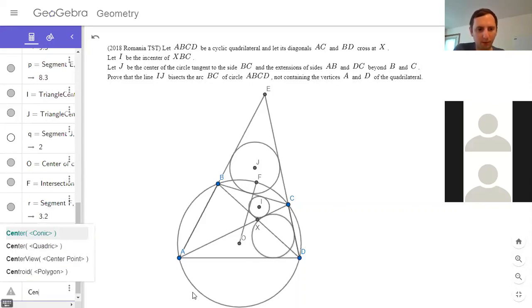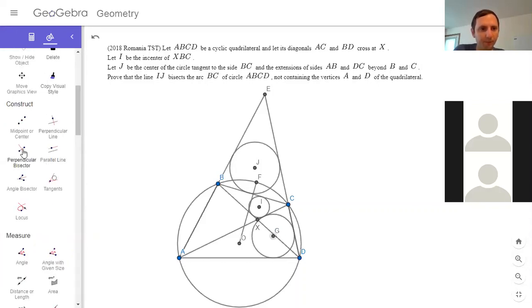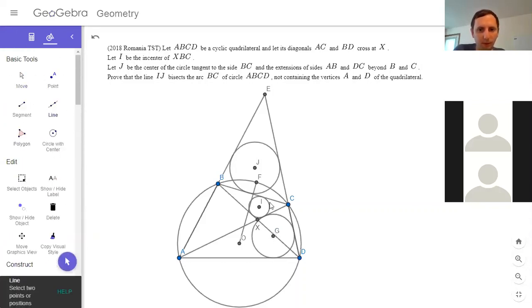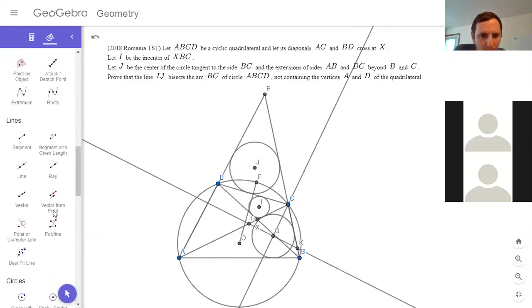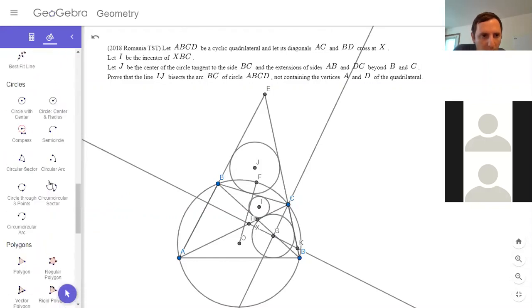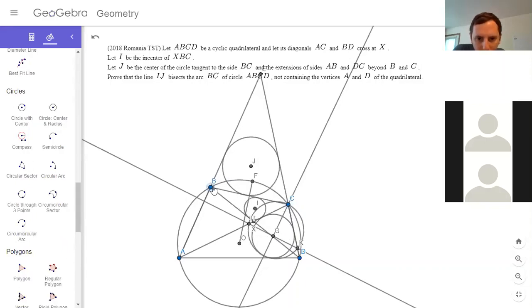I don't know a super short way to draw the mixtilinear incircle other than this, but I will do it. I'm gonna hide a bunch of this stuff later, but yeah, I am trying to draw the mixtilinear incircle.